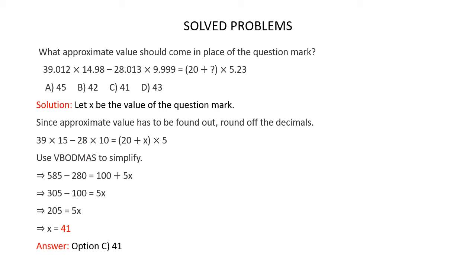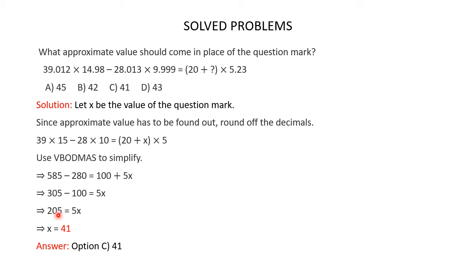So now you have the equation 585 minus 280 is equal to 100 plus 5x. Now shift 100 to the left hand side. So now you will have 585 minus 280 minus 100 is equal to 5x. 585 minus 280 is 305. 305 minus 100 is 205.